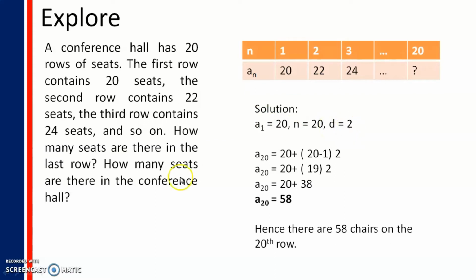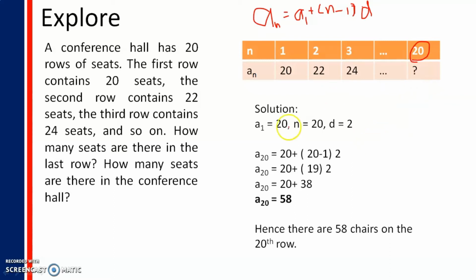The formula is a sub n, which denotes the last term, is equal to the first term added to n minus 1 times d. That is the formula we will use to find the 20th term in the conference hall.